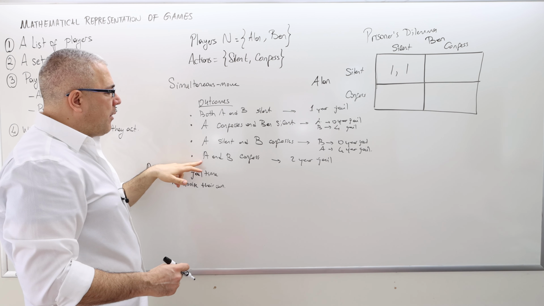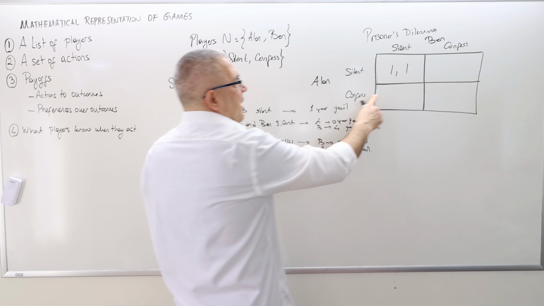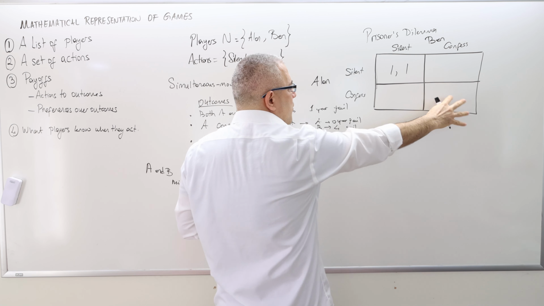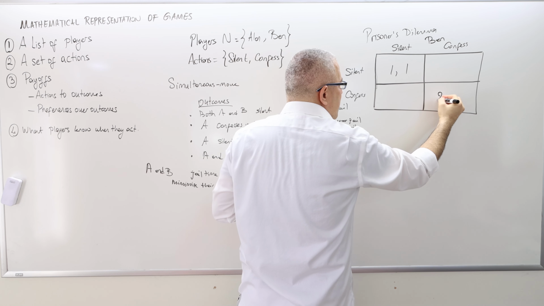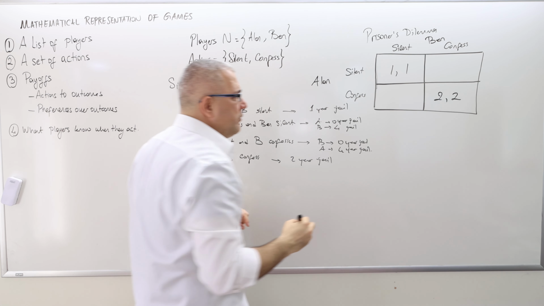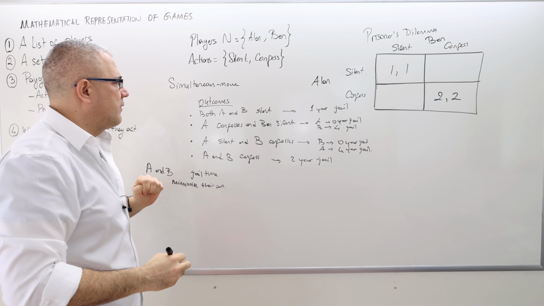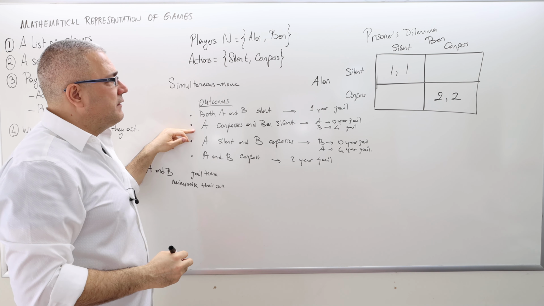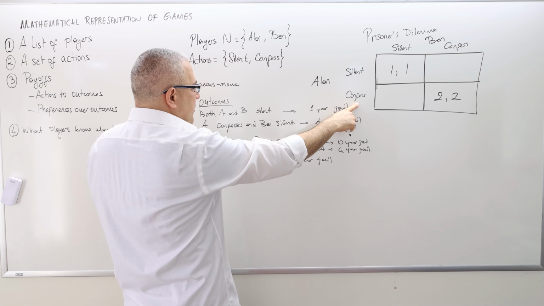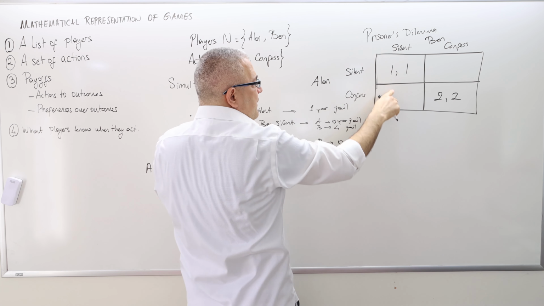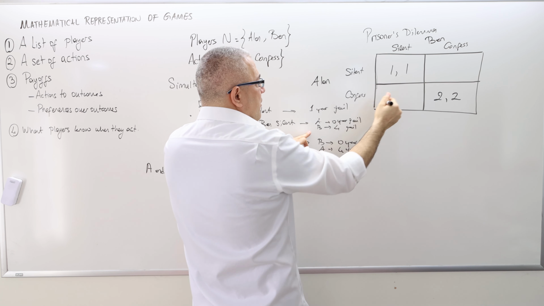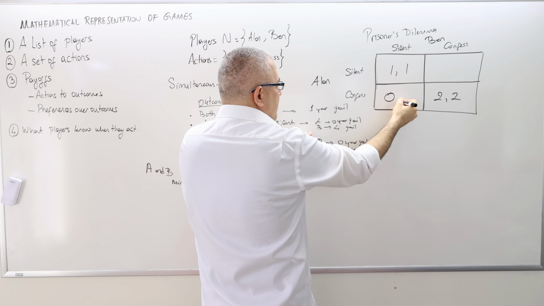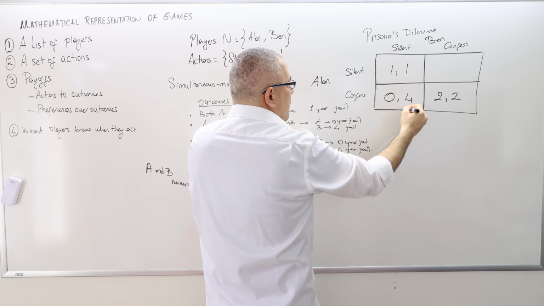And then both Alan and Ben confess. So basically the lower right box. They each receive 2 years in prison. So 2, 2. If Alan confesses but Ben remains silent, so basically we're talking about this box, Alan is going to get 0 years in jail. Remember, Alan is the first player. And Ben is going to get 4 years in jail.